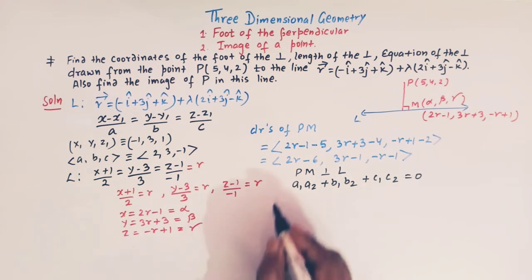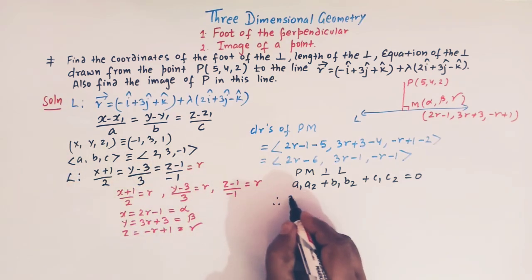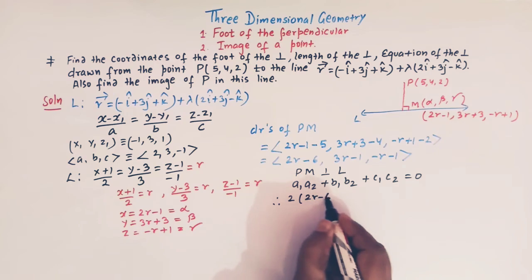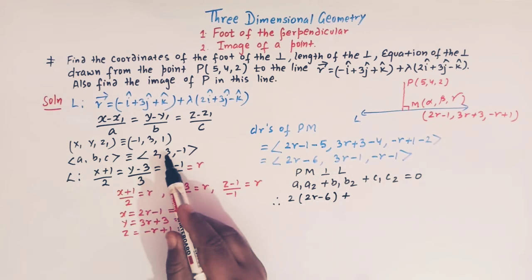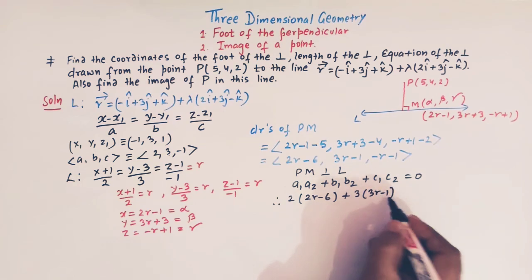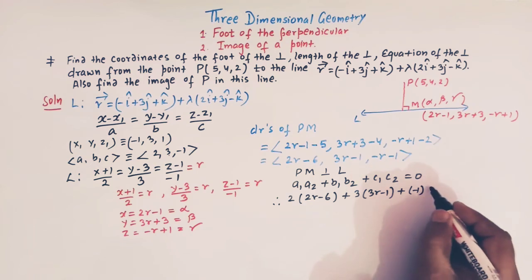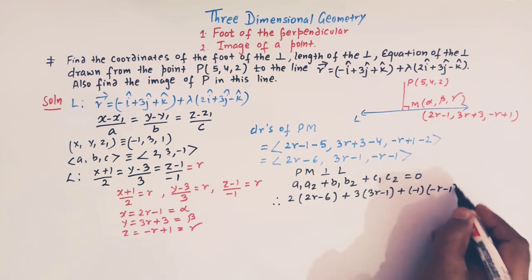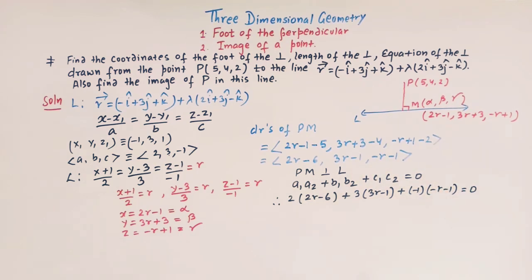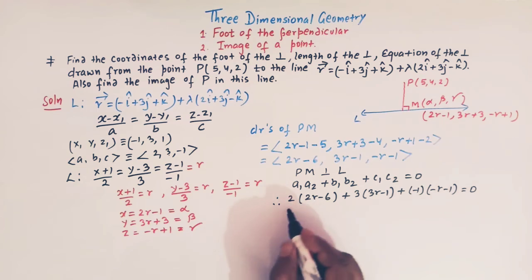So now we have 2 times 2r minus 6 plus 3 times 3r minus 1, and then we have minus 1 times minus r minus 1 is equal to 0, right? Okay, so now this is a linear equation in r, and we can solve it.